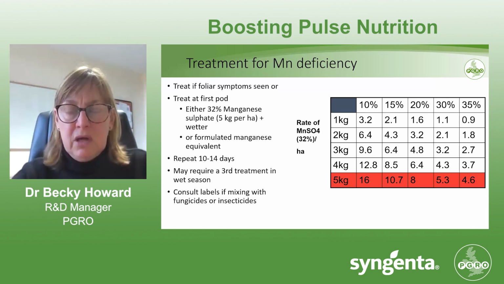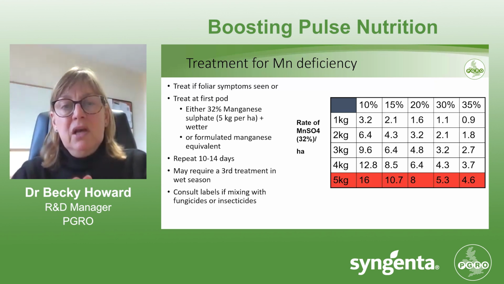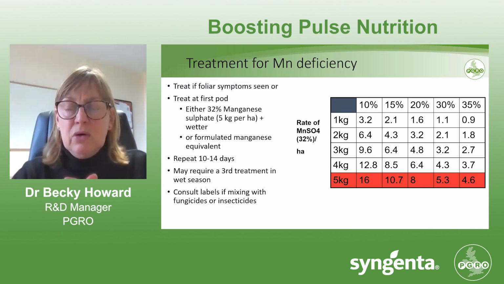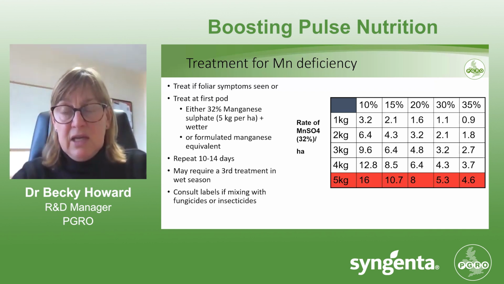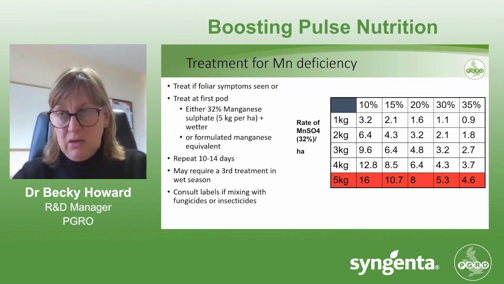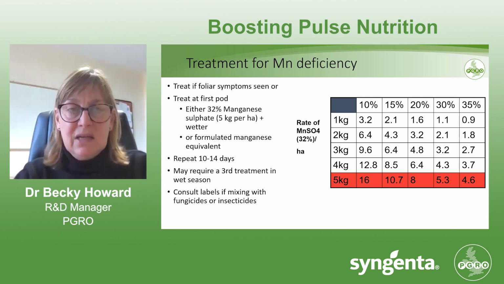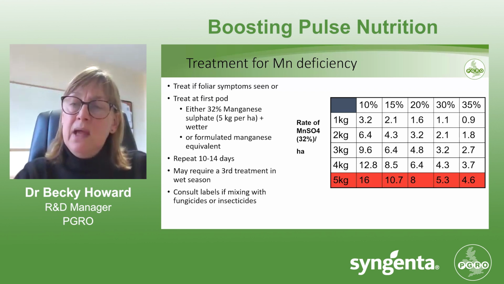If we look at other formulations, and there are multiple types of manganese that can be applied onto crops, we can see that they're not always as effective. So if they're a lower percentage of manganese sulphate or manganese, then you need to apply more, because what we're targeting, and you can see on that bottom row of that table on this slide, we're targeting 5 kilograms per hectare at each application.